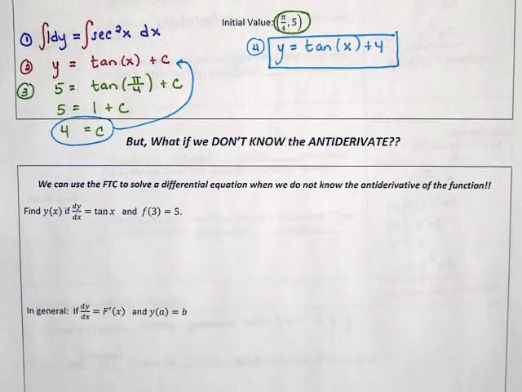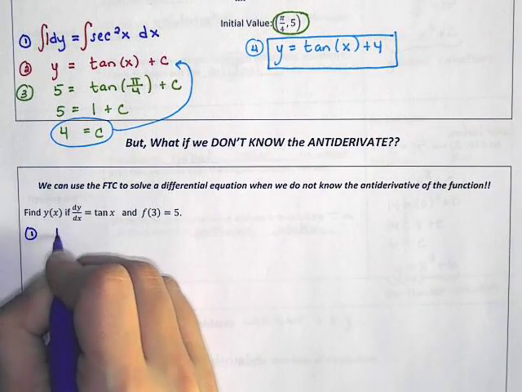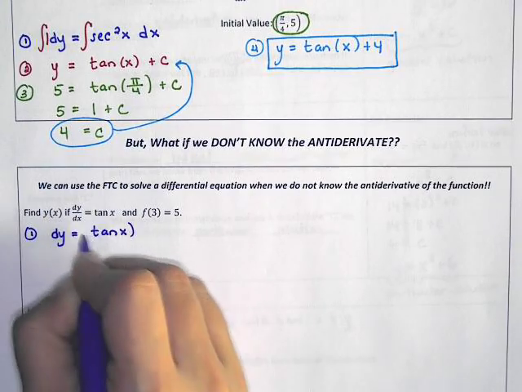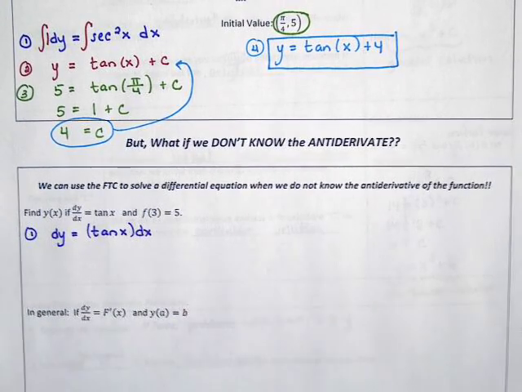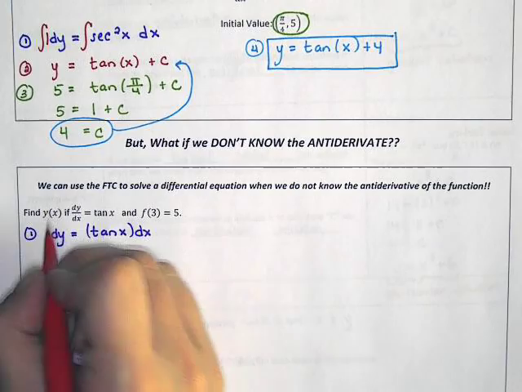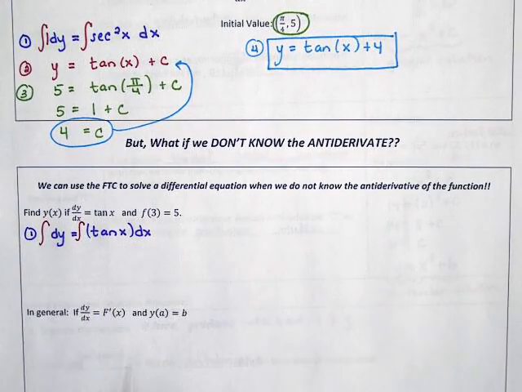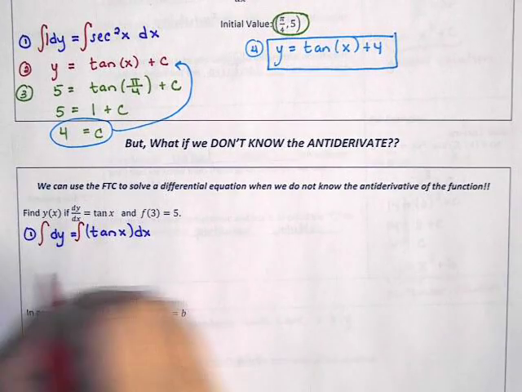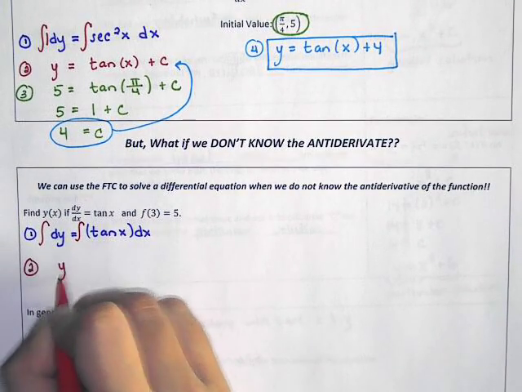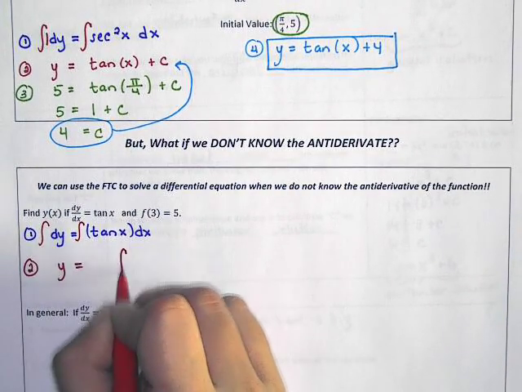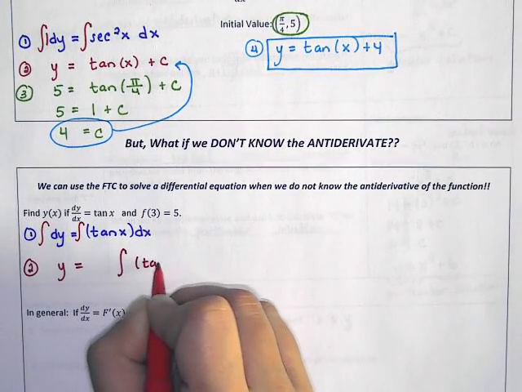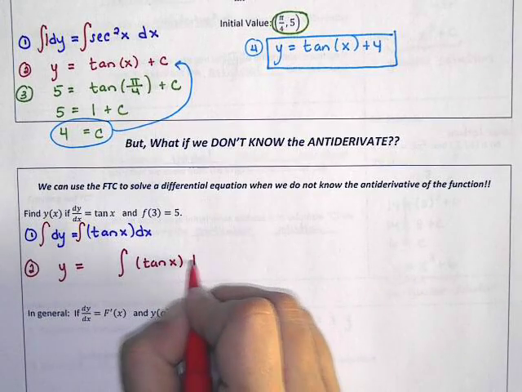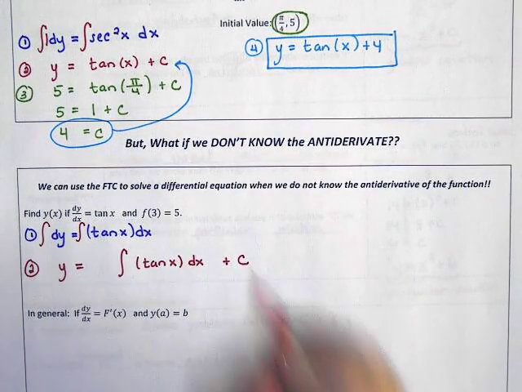Well, in my mind, the first thing I would try to do is separate the variables and solve this. But when I do an integral to try to do the antiderivative, what I realize is I don't know the antiderivative of tangent. So I would leave it like this. y would equal the integral of tangent of x dx plus c.